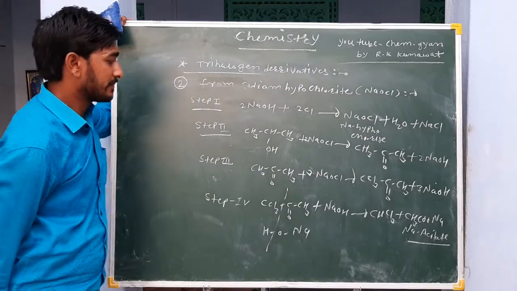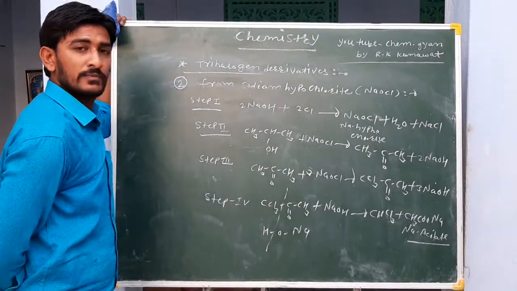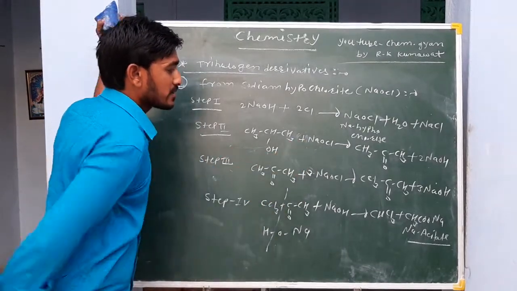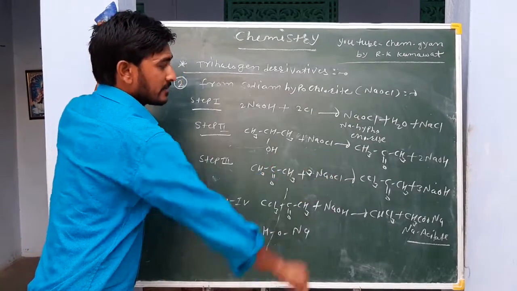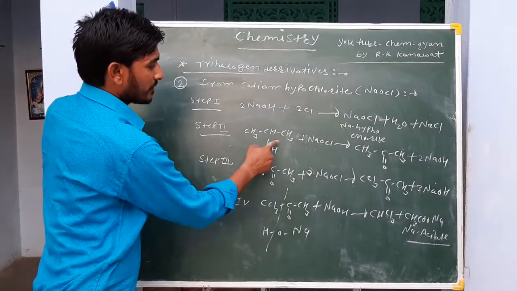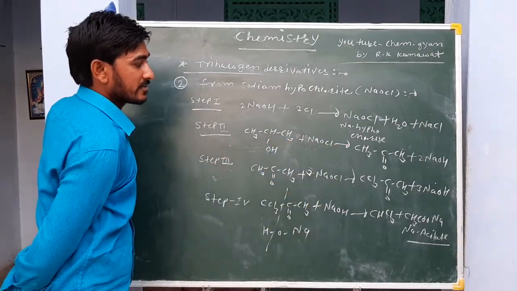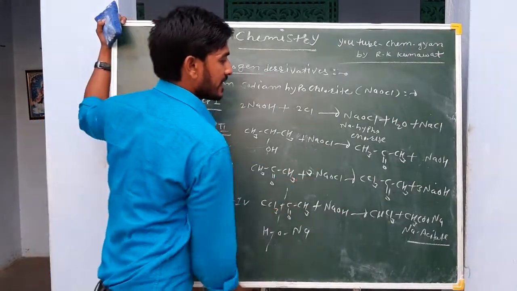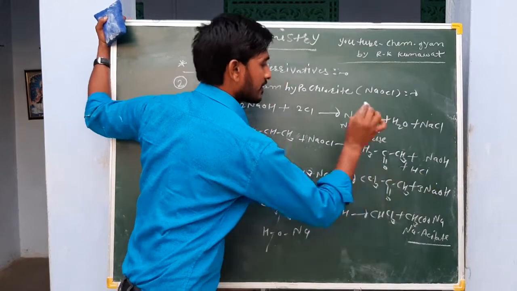Dear students, here we used only one NaOCl. In the second step, we used only one sodium hypochlorite molecule. One NaOH removed, one hydrogen and one Cl, HCl also removed in this step.